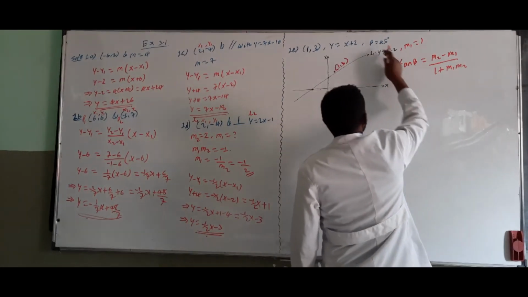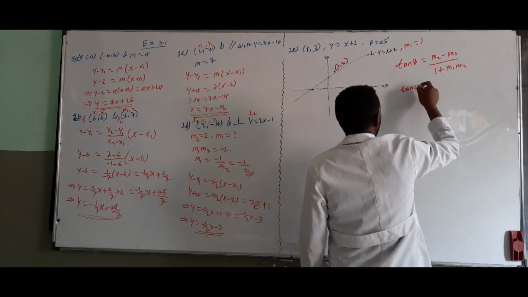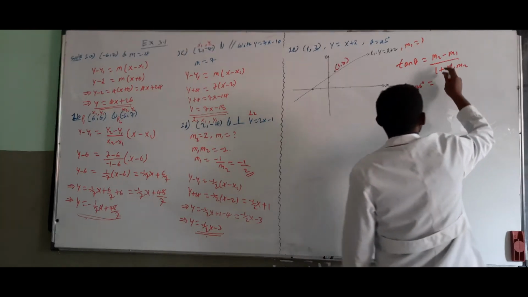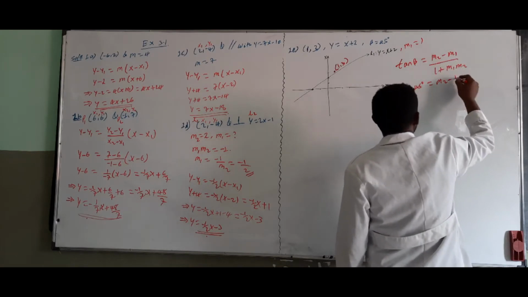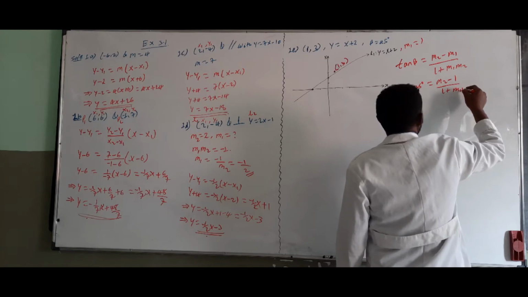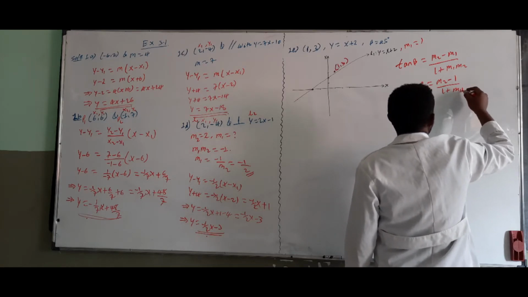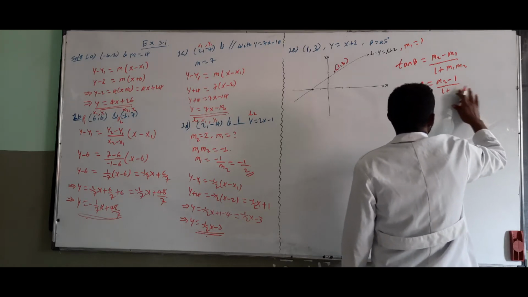Then beta means 45 degrees, tan of 45 degrees is equal to m2 minus m1, meaning 1, over 1 plus m1 times m2. m1 means 1 times m2 is m2.